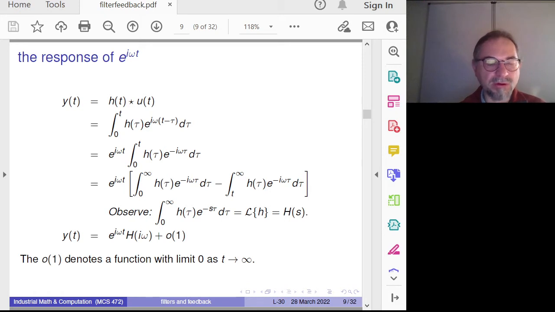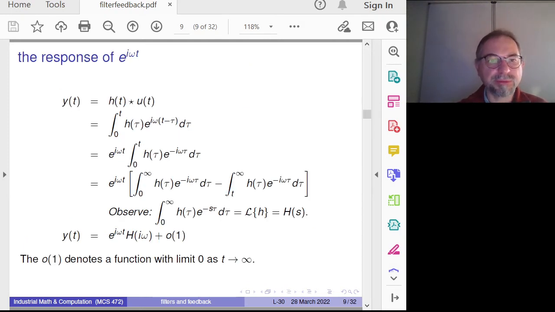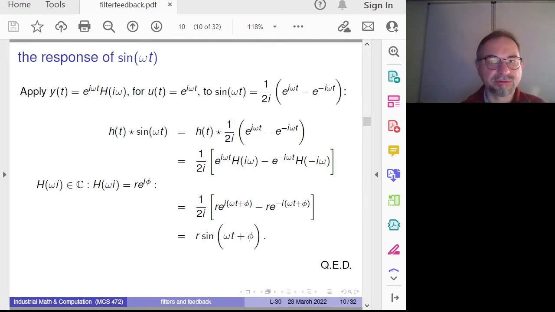But we have it now only for the exponential. Remember from the previous slide, so here it is again, the previous slide, that we can write the sine function as a linear combination of two exponentials. So that's the third step in the proof.